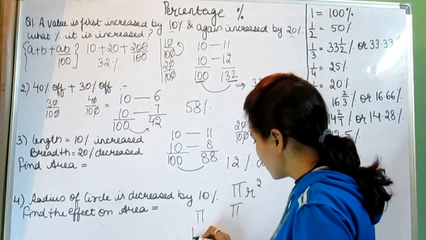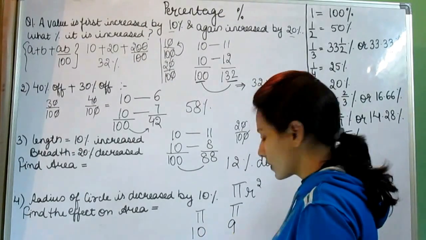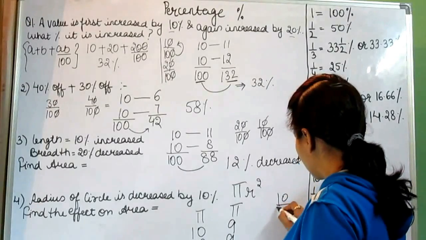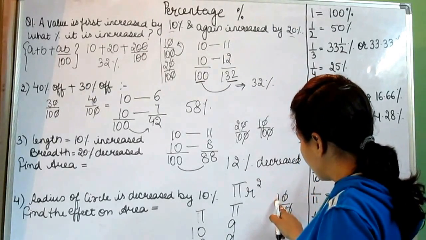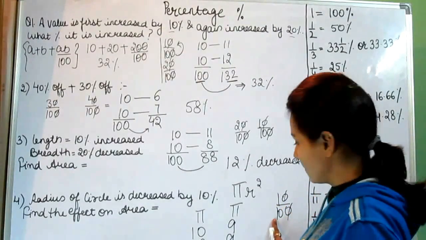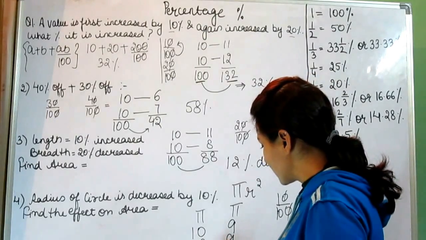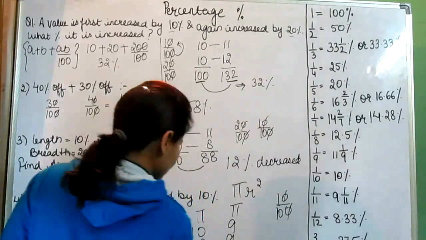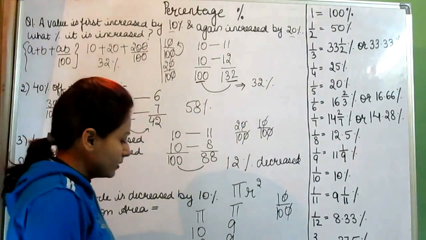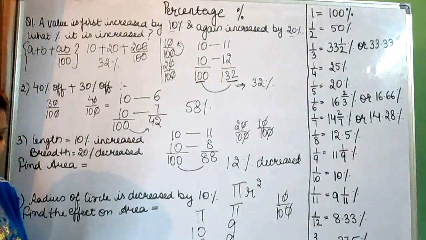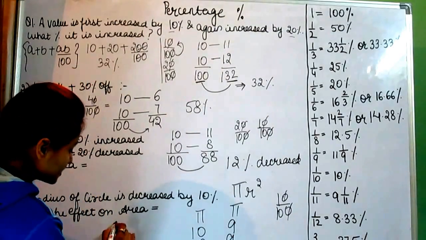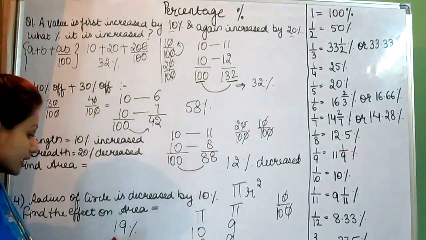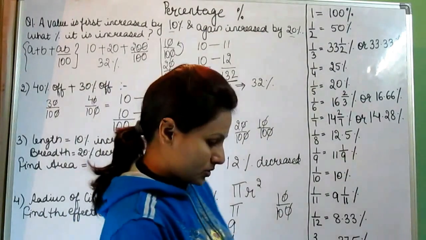A 10% decrease means 10, 9, again 10, 9, because this one is subtracted from the 10. What is the value? This is 100 and this is 81. What is the gap between 81 and 100? The gap is 19%. So the area is decreased by 19%.